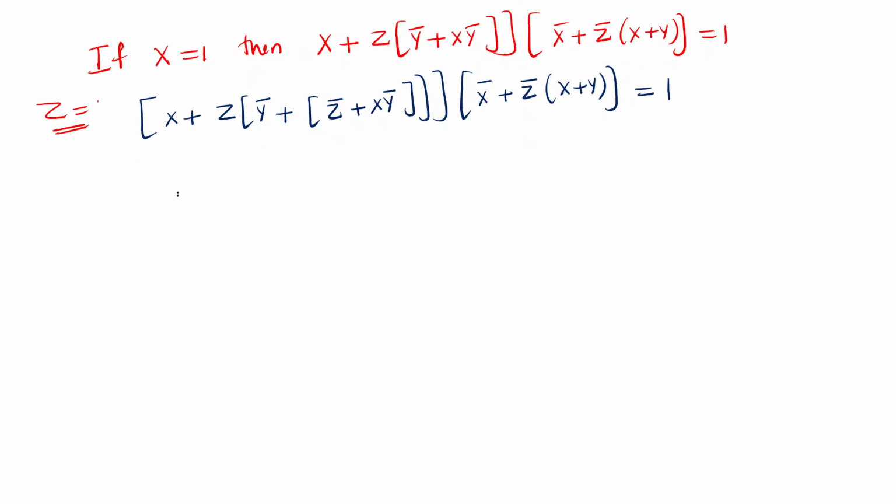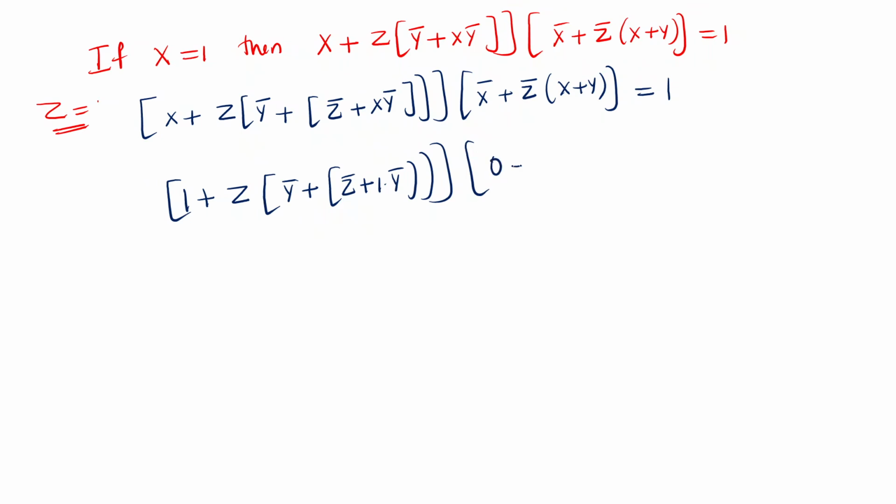So you replace x equal to 1: 1 plus z, 1 plus z y bar, plus z bar plus 1 into y bar, and x bar means 1 bar means 0, plus z bar, and this is nothing but 1 plus y. x equal to 1, no?